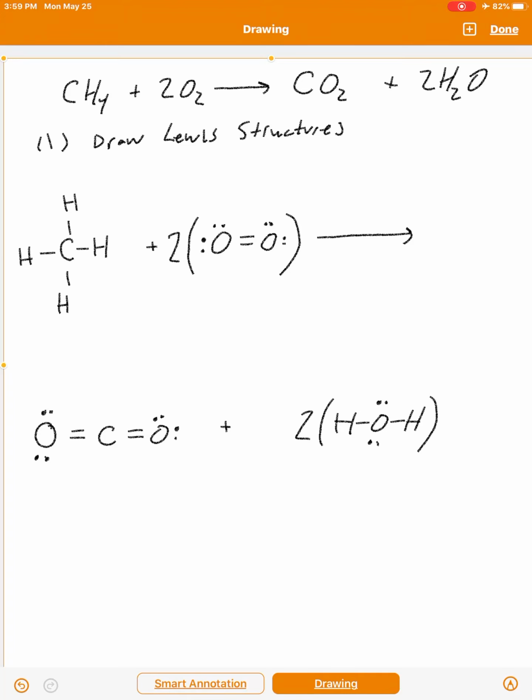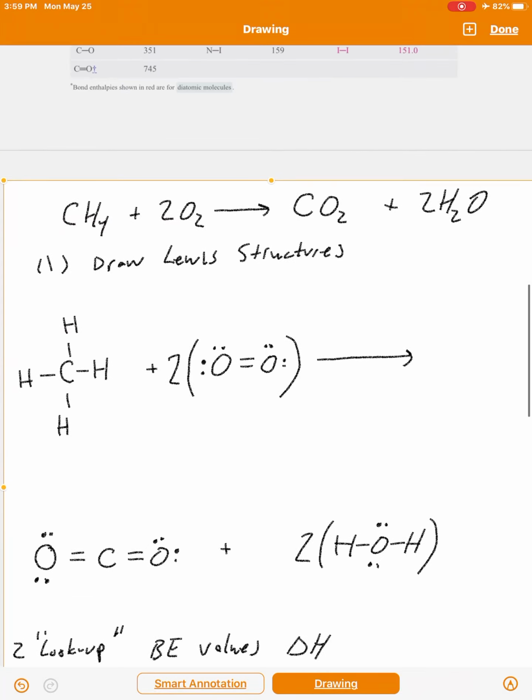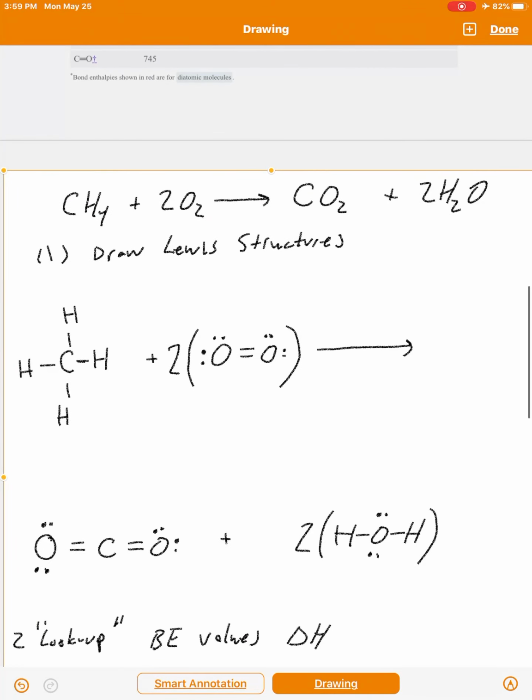Next step, step 2. Look up the bond enthalpy values. These are delta H values, okay? So you look these up in this table. So let's begin. We've got a CH bond here.